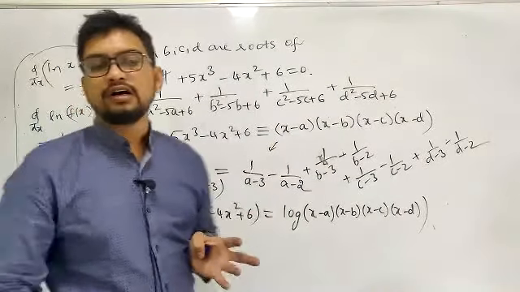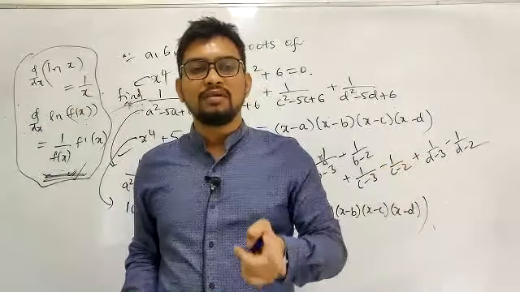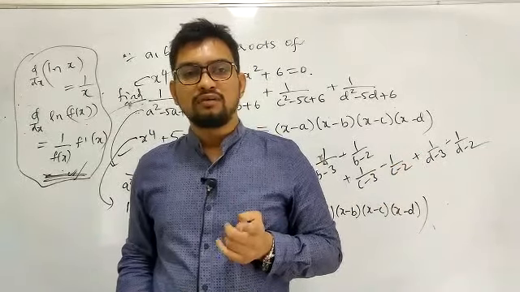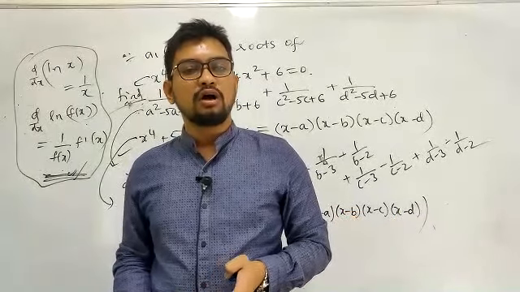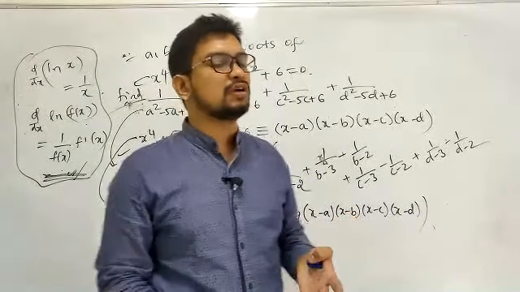Now, you know the product rule of logarithms. What is that product rule? Log of ABC can be written as log A plus log B plus log C. That is the product rule.